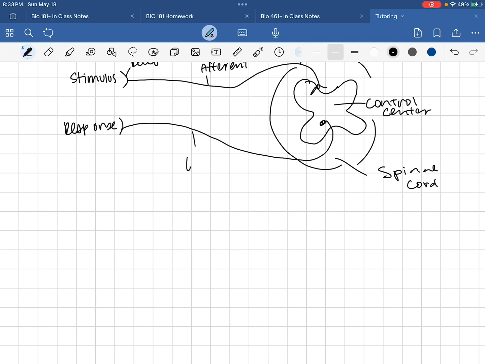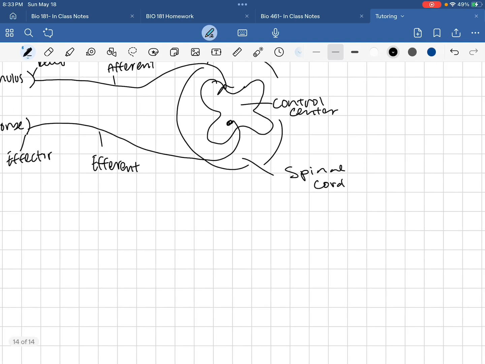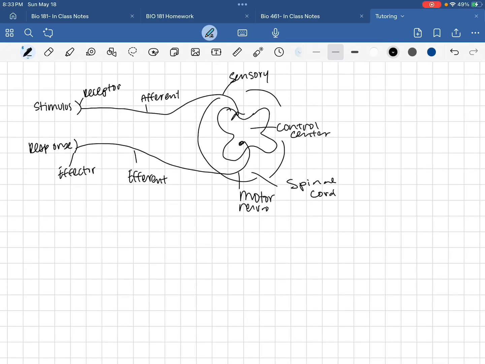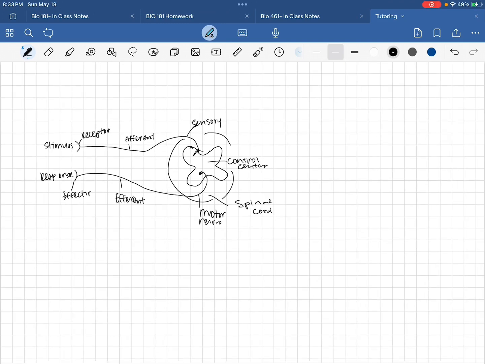So this one is the efferent because it's leaving the spinal cord, and this is basically the effector. This is our motor neuron right here. So yeah, there's that.